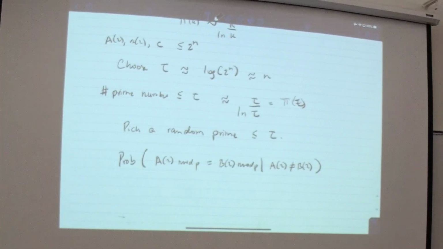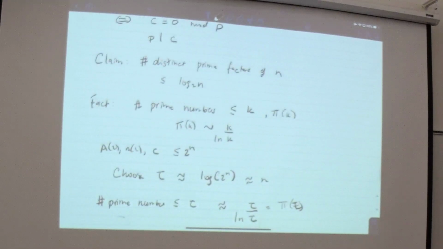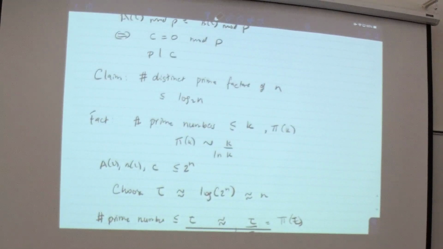How many of them could potentially divide C? Well, remember we just said this: the number of distinct prime factors of any number is less than log of the value of the number. So the number of prime factors of C is at most n.